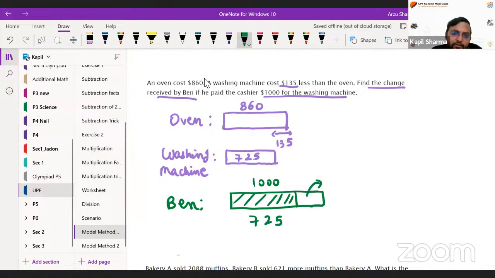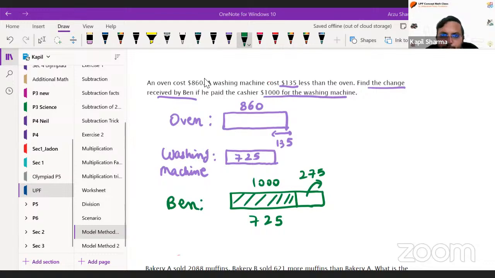So this is remaining, which is 1000 minus 725 equal to 275. Parth, what are you doing? Read the question properly. He paid $725 for the washing machine, so he got $275 back.